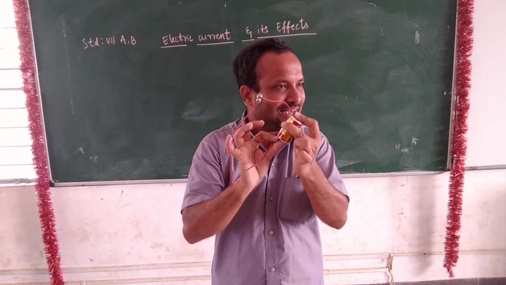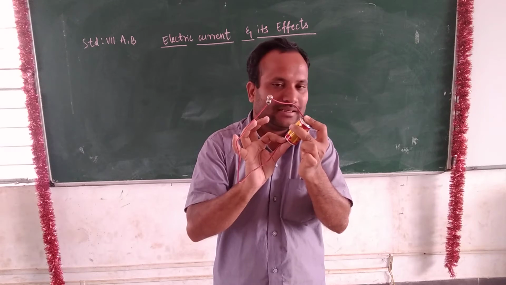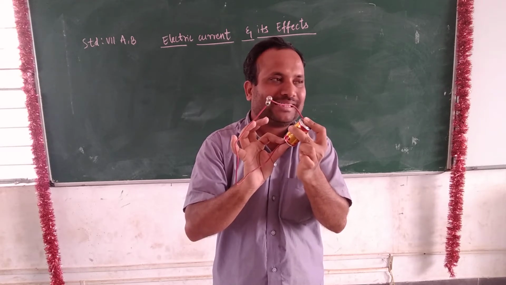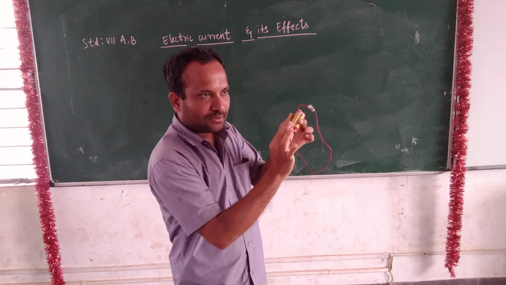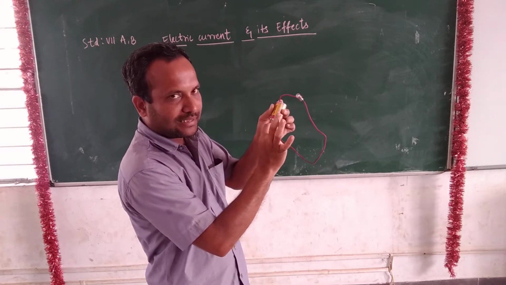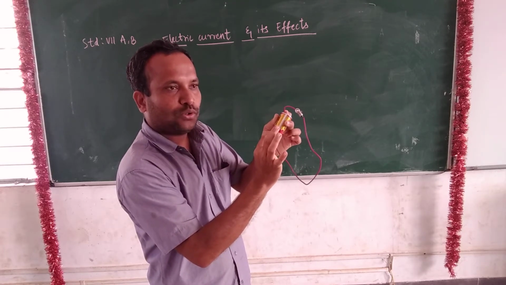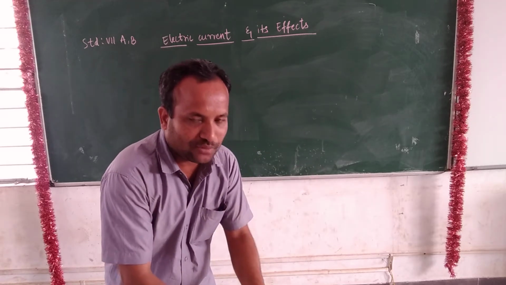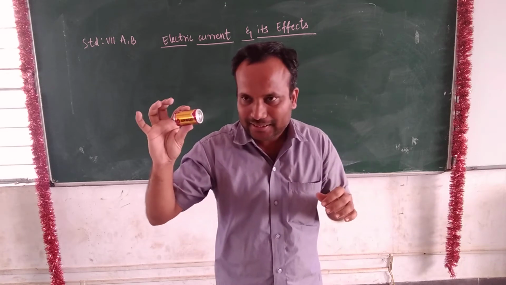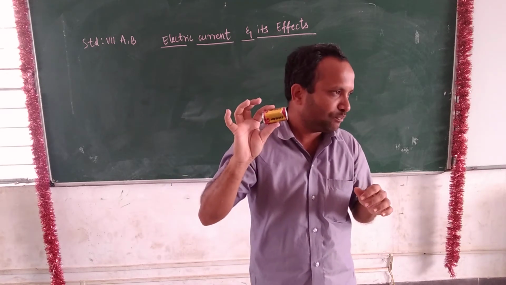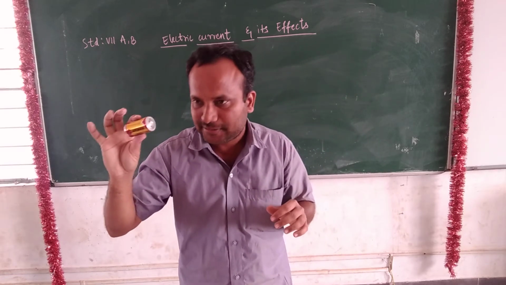Wires are connected, and the wires are connected to the bulb, and the bulb is glowing. Yes or no? Then only one cell is there here. I will show you with both the cells. But to make you understand the things here, children, we call this battery a source of current. It is giving me electricity.